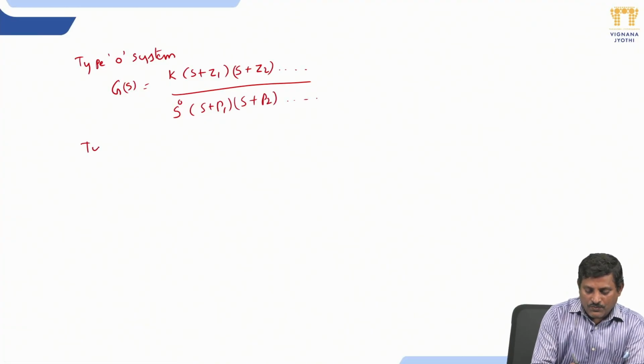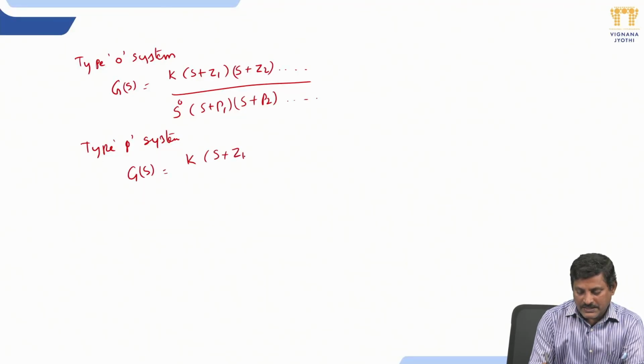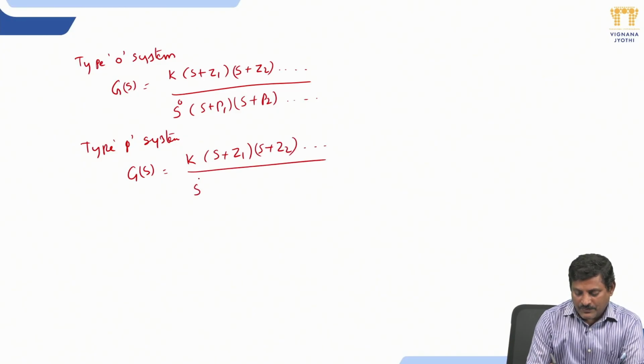Type 1 system, G of s is equal to K into (s plus z1) (s plus z2) etc., by s power 1 into (s plus p1) (s plus p2), like that.